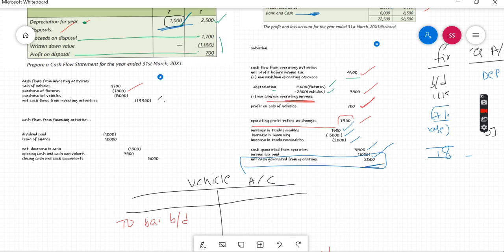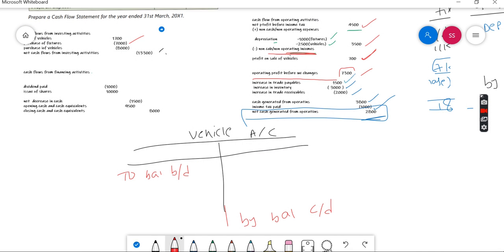So we'll write that here, 8,000, 12,500. Now the depreciation charge during the year is 2,500, which is given in the question. So when you charge the depreciation, depreciation account debit to vehicles account.